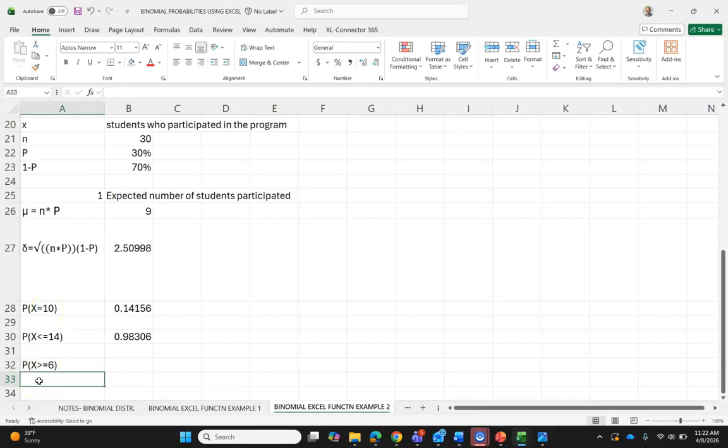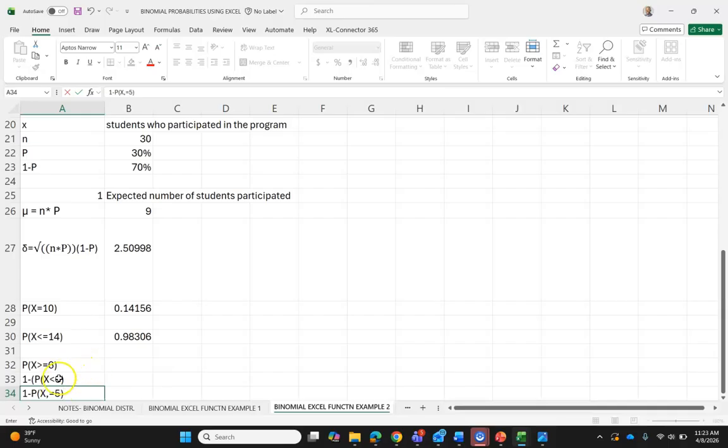So we're going to type 1 minus probability of x such that you can see 6 here is included. So we're going to look at something which is less than 6. Anything that is less than 6, because 6 is included. But still, binomial distribution cannot work with this. So I'm going to write 1 minus probability of x such that x is less or equal to 5.